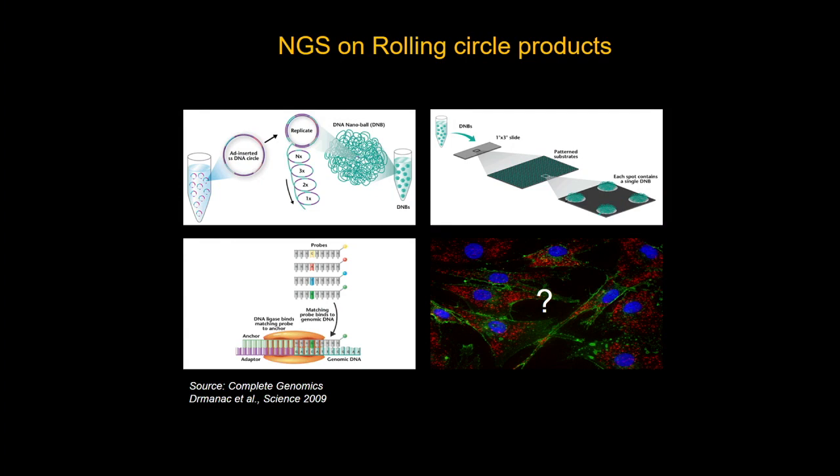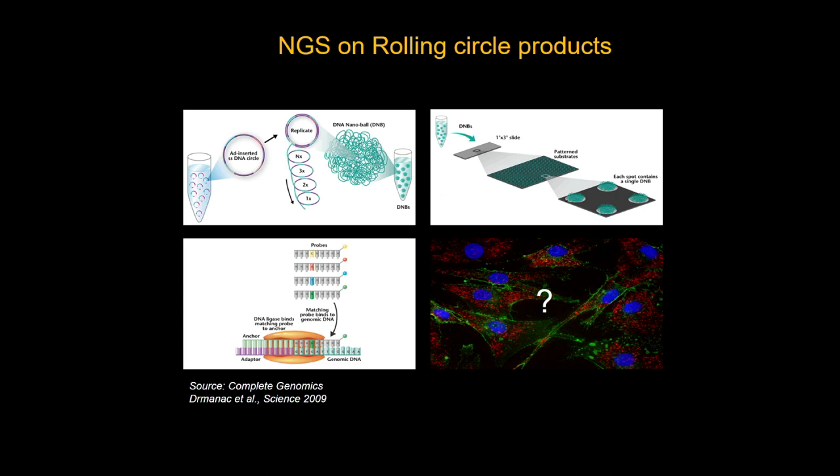Then in order to multiplex these reactions, we were interested to see whether we could use next generation sequencing to sequence rolling circle products in these cells. And it's not so far-fetched because Complete Genomics, maybe you are familiar with this genome sequencing approach, where they randomly fragment genomes and then circularize and rolling circle amplify and use those rolling circle amplification products as sequencing substrates, which are distributed on a two-dimensional random array.